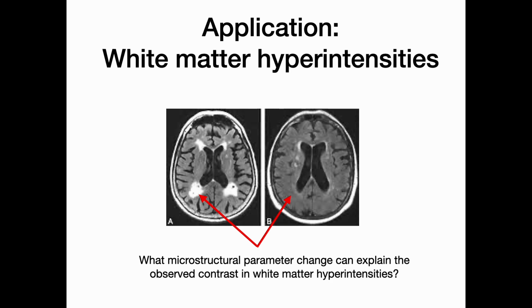Now, let us return to the original example problem. That was detecting macrostructural changes in the case of white matter hyperintensities that we see in T2 FLAIR images using diffusion MRI data. Let's see, in terms of the parameters of the standard model of the white matter, which parameter can explain this observed contrast. Similar to the earlier NODDI analysis, we used the data from the same 3,000 subjects from the UK Biobank dataset who showed white matter hyperintensities at some parts of their brain.